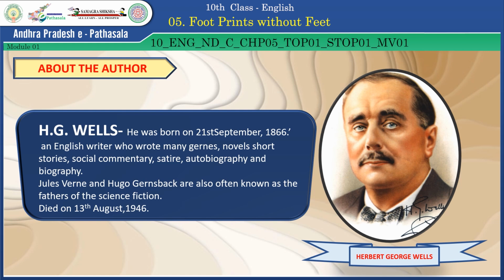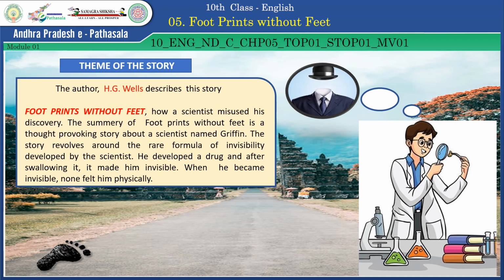Okay children, now switch on to the theme of the story. The author H.G. Wells describes in the story Footprints Without Feet how a scientist misused his discovery. The summary of Footprints Without Feet is a thought-provoking story about a scientist named Griffin.